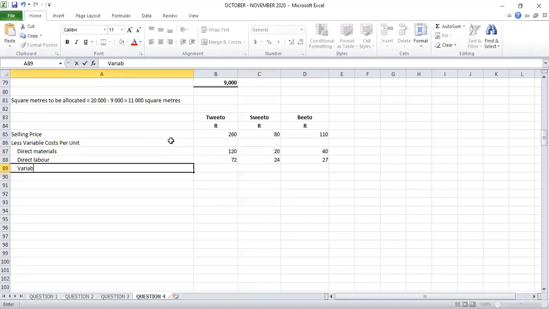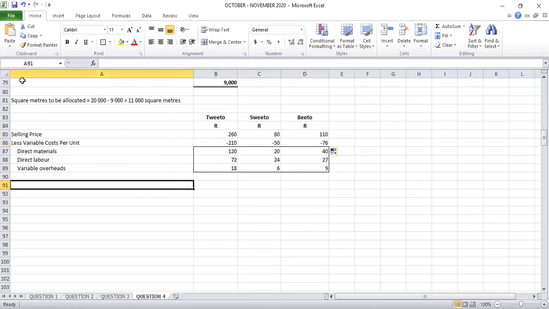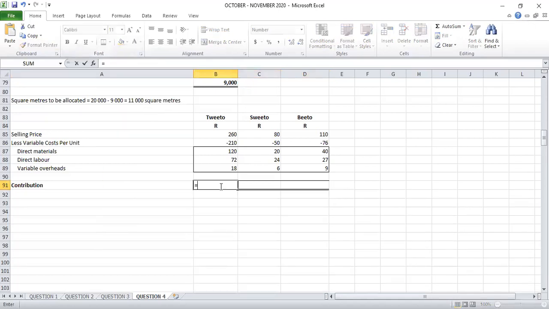Variable overheads. 18, 6, 9. Right. Then we get our contribution. That's our contribution per unit.